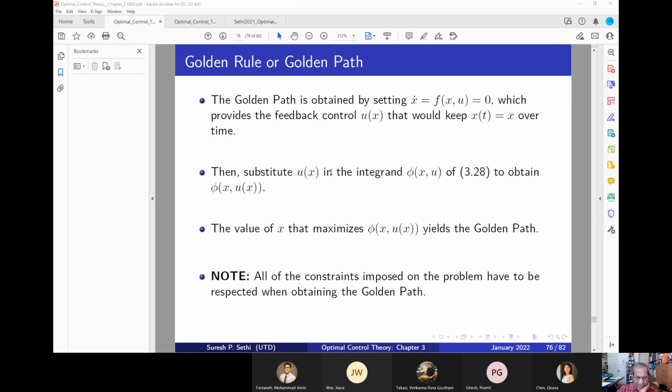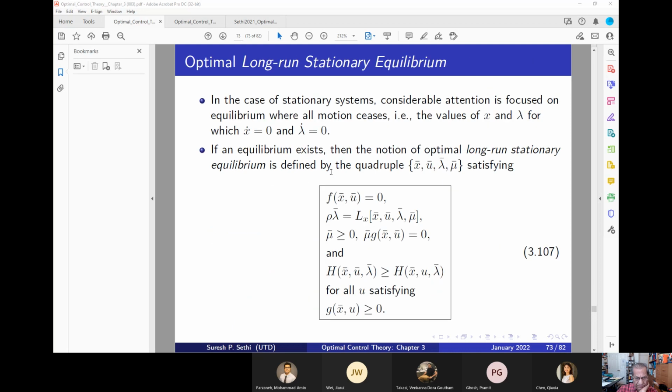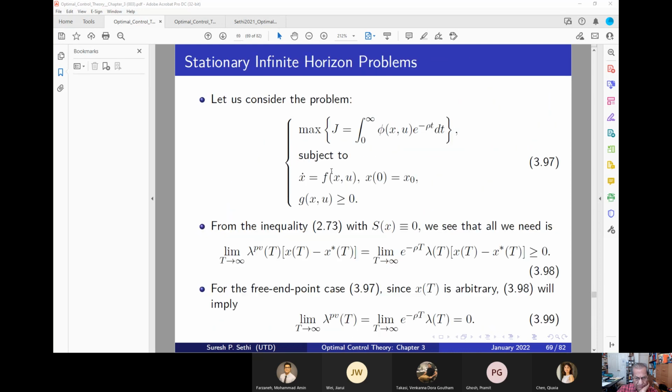Notice, if you look at this problem, if I set x dot equal to 0, and I put phi of x, u(x), and I integrate, notice this quantity is not a function of time anymore.